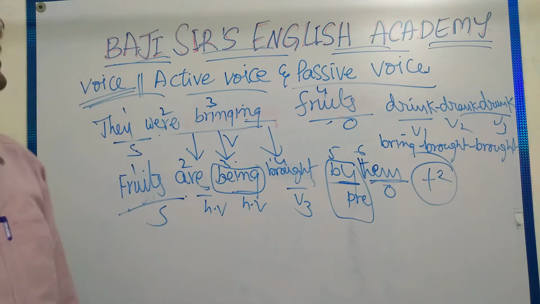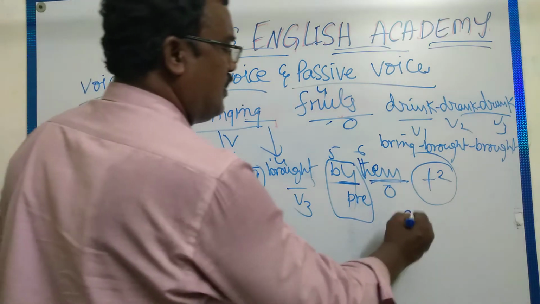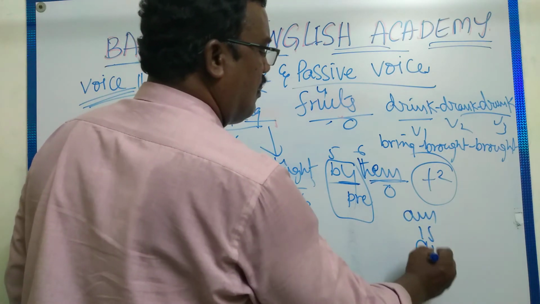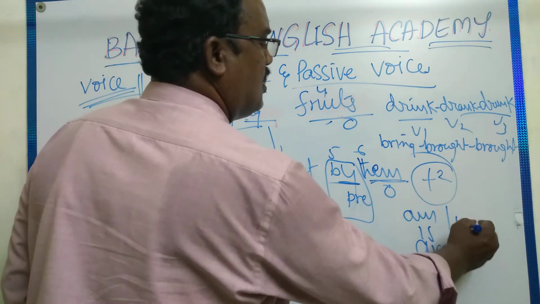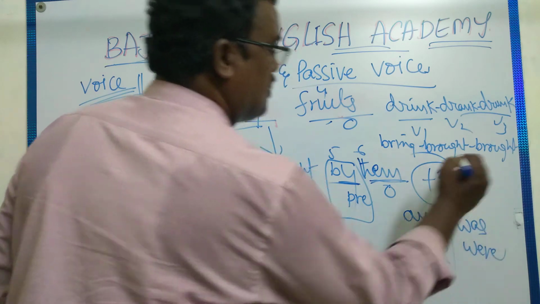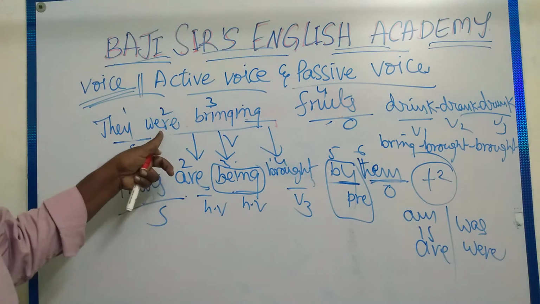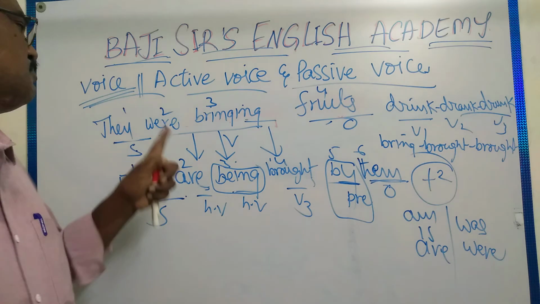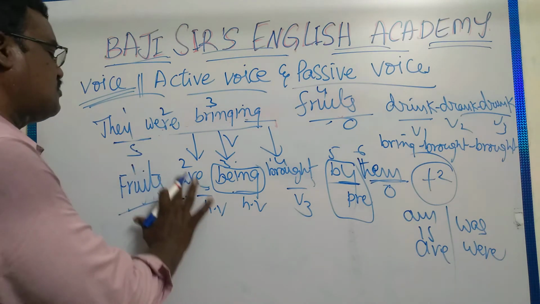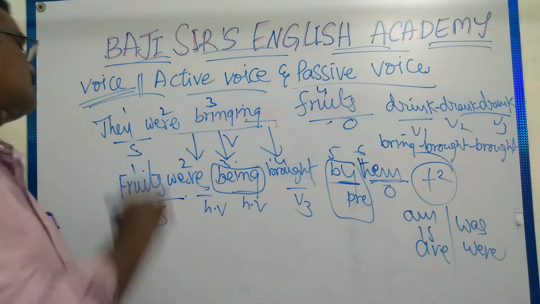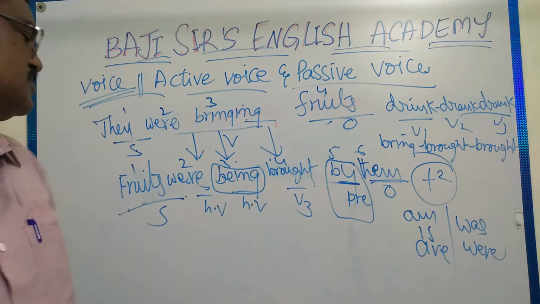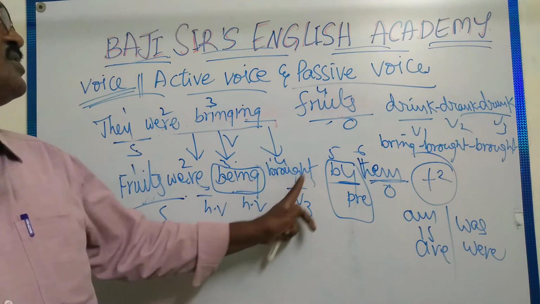Were means past tense. Already you know, am, is, are are present be forms, was, were are past be forms. So present be form here is there, present be form only we have to take. But here were, past tense. Immediately in passive voice also, past be form we have to take. They were bringing fruits. Fruits were being brought by them.